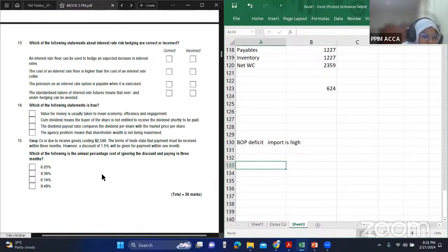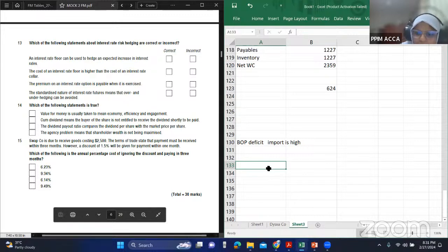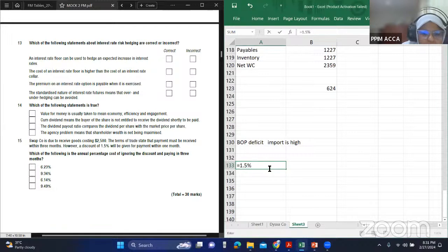Right. So to do this, you have to first figure out what is the discount we are talking about. We are talking about a 1.5% discount. So 1.5% into 2,500. So that is a $37.5 discount.